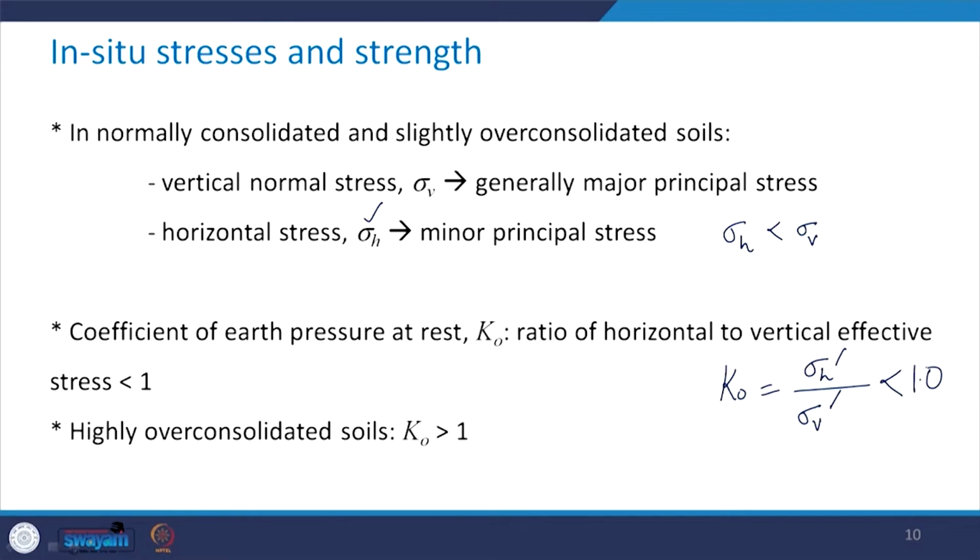But in the case of highly over consolidated soils, this quantity becomes greater than 1.